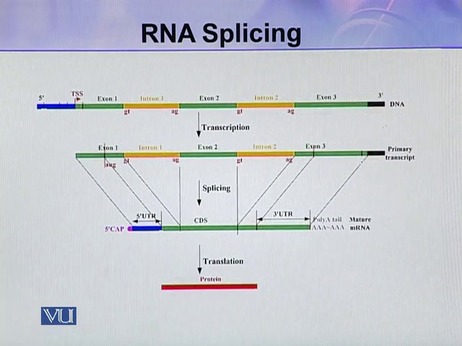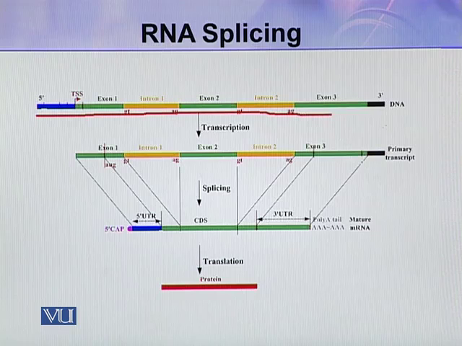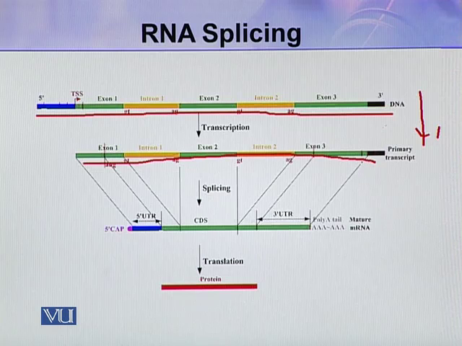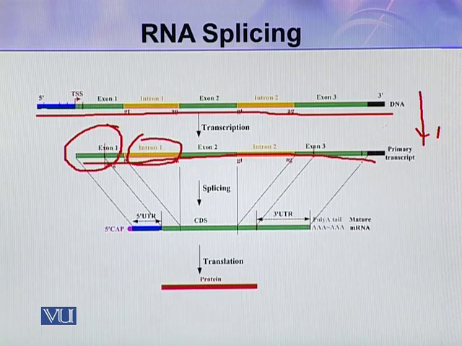In this diagram, this is a whole gene and this is a strand of DNA. After transcription, this is the primary transcript, also called pre-mRNA. You can see it contains this green portion, which is exon 1, and this yellow portion, which is intron 1, then exon 2, then intron 2, then exon 3.